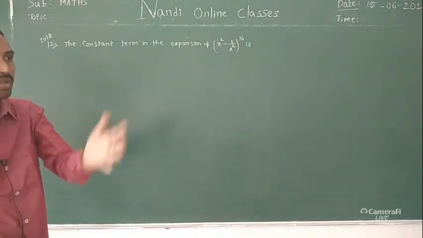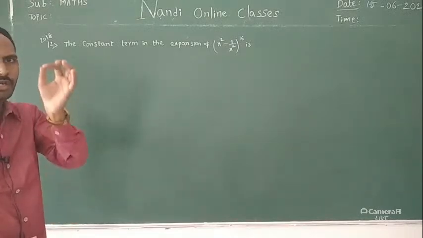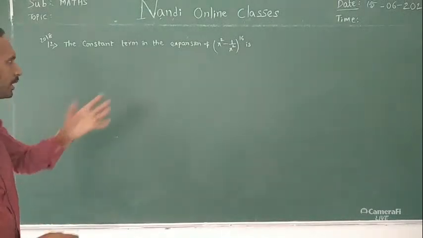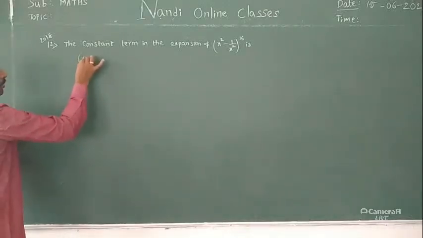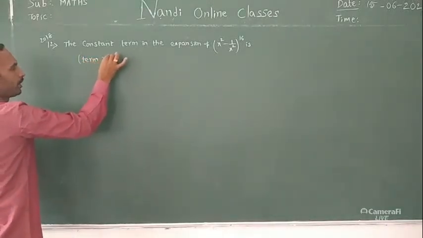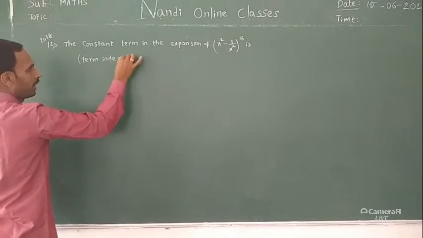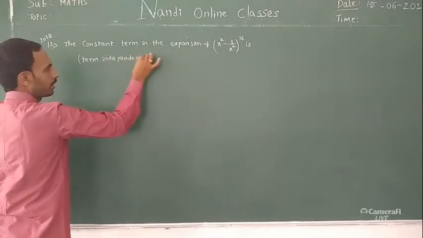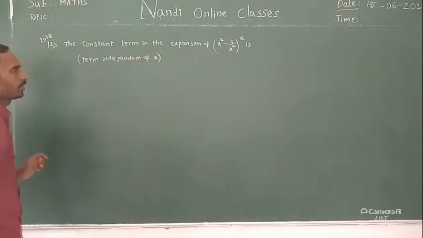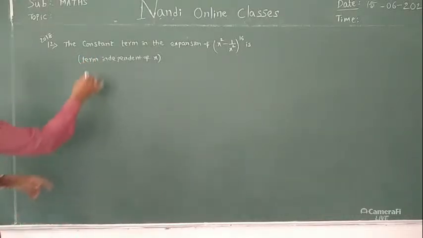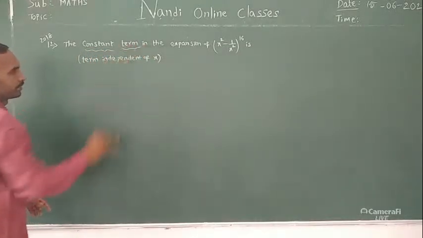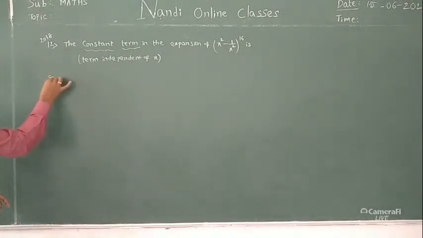Constant term is also called the term independent of x. Sometimes they ask to find it like this, term independent of x. That we have to find.